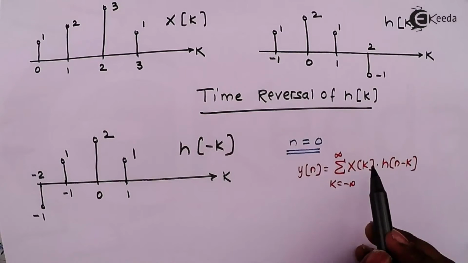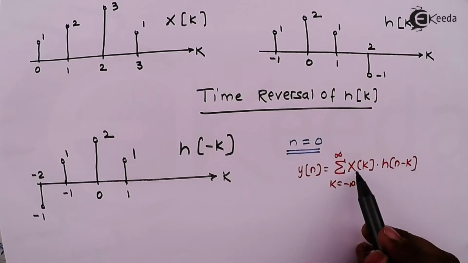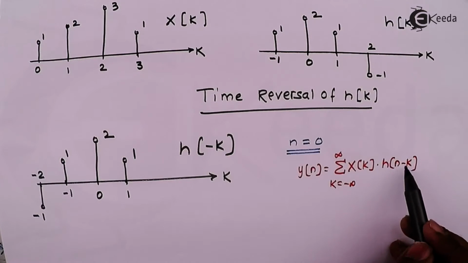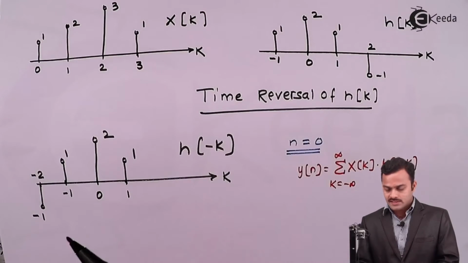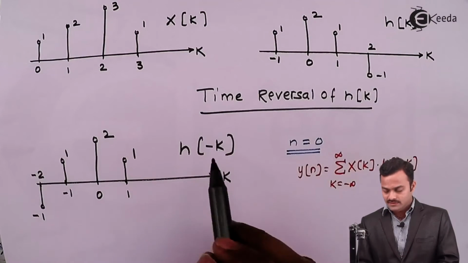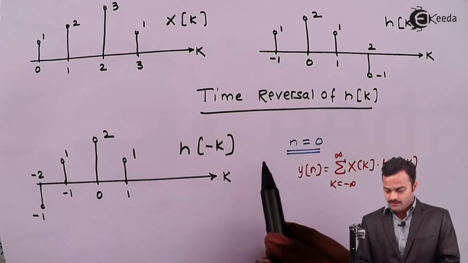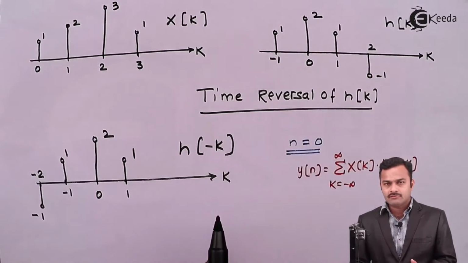Meaning in the convolution sum formula, if I put n equal to 0, in the end I will get h of minus k, which is nothing but this signal. So our convolution has started with this instant where the shift is n equal to 0.